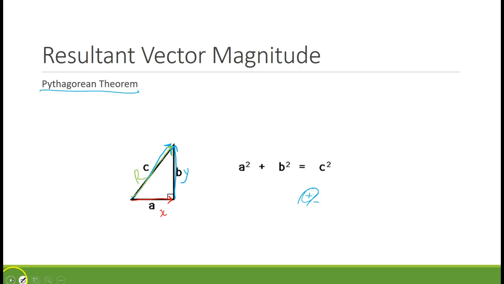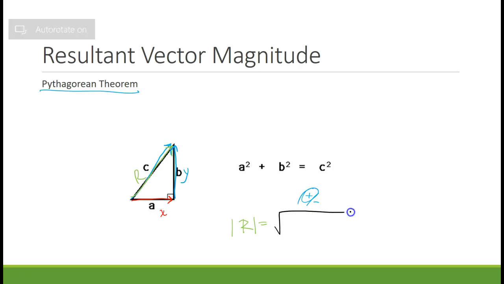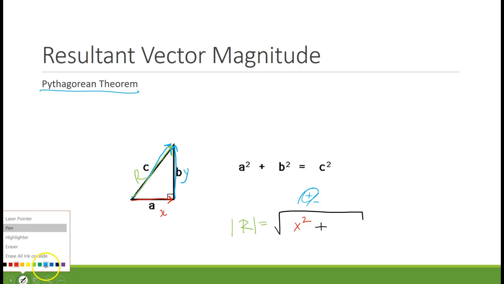So now if I'm looking for the resultant, an equation you can use is R, the magnitude of the resultant, which we also write with absolute value signs because we're just looking for the positive, equals the square root of x squared plus y squared. So basically those are the components in the x direction plus the components in the y direction.